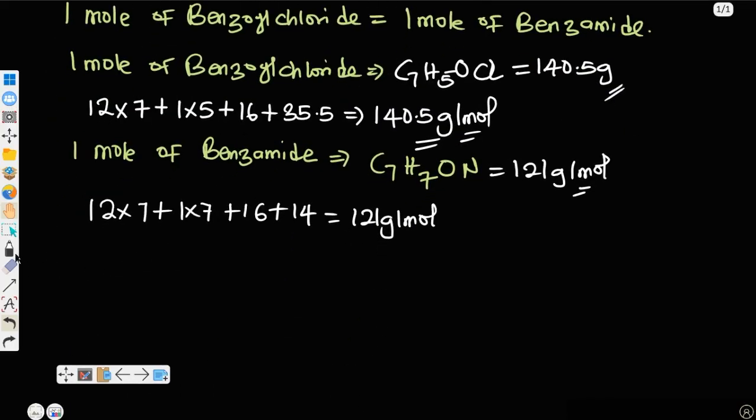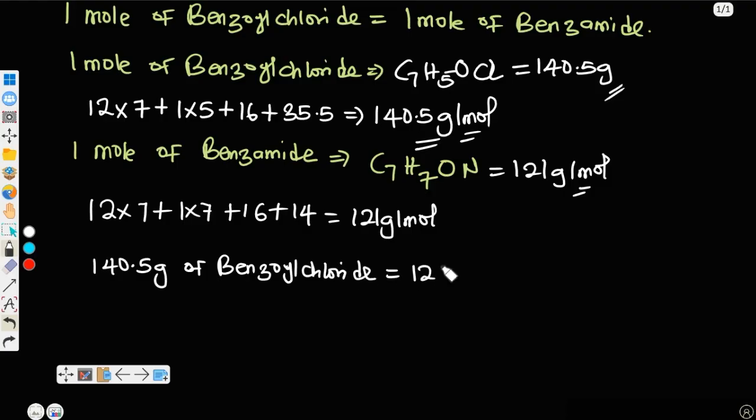So we can now say 140.5 gram of benzoyl chloride is equal to 121 gram of benzamide.